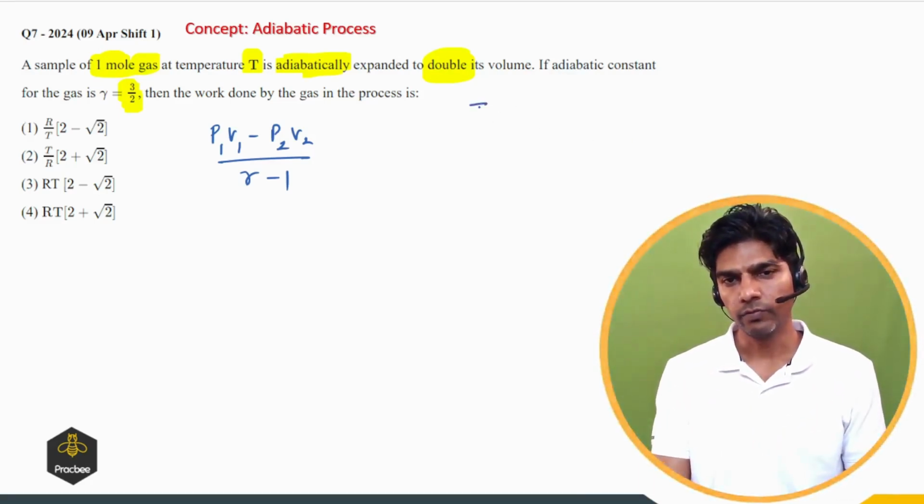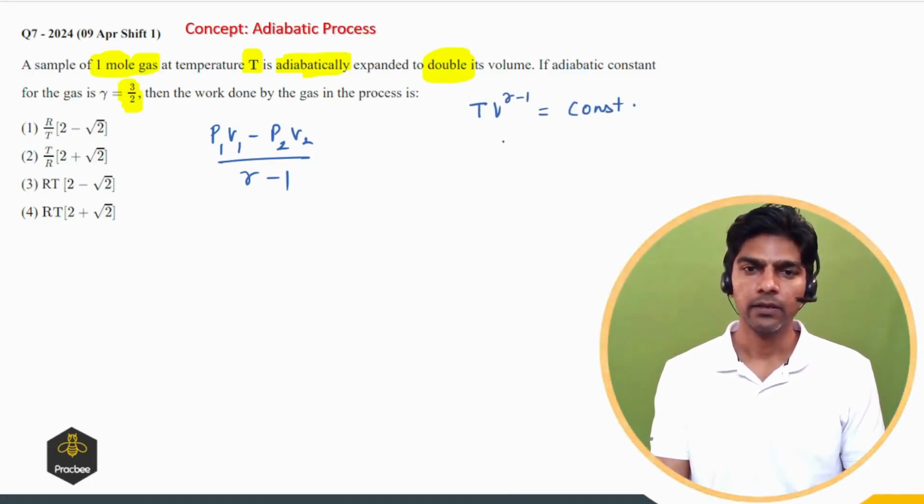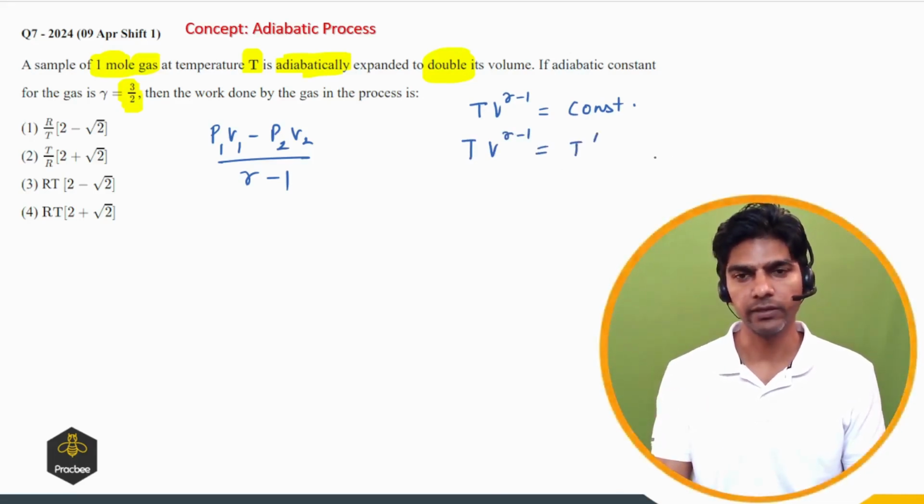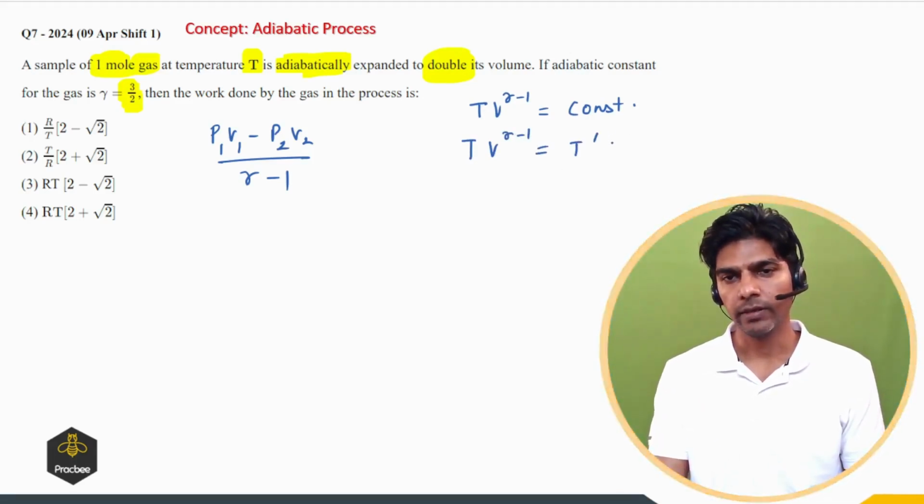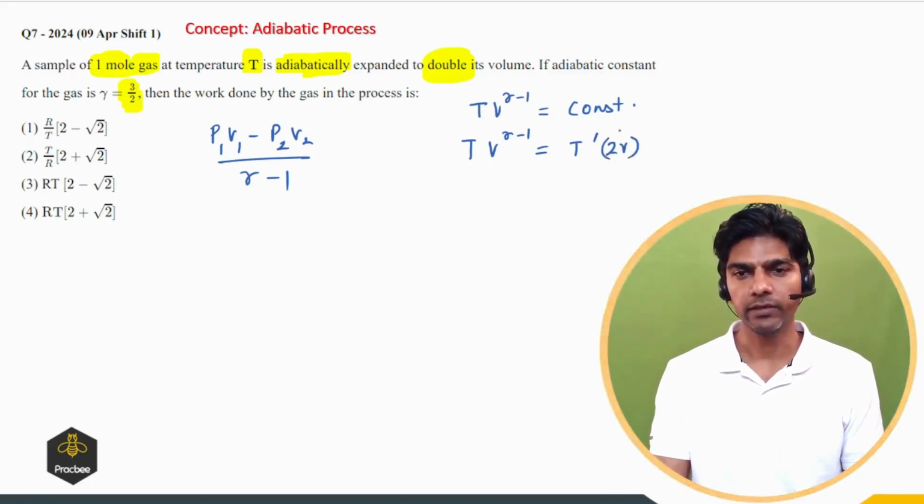We can use the proportionality that T times V raised to the power gamma minus 1 must be constant in an adiabatic process. So T V^(gamma minus 1) must equal T prime, where T prime is the final temperature, times (2V)^(gamma minus 1), because the volume is getting doubled.